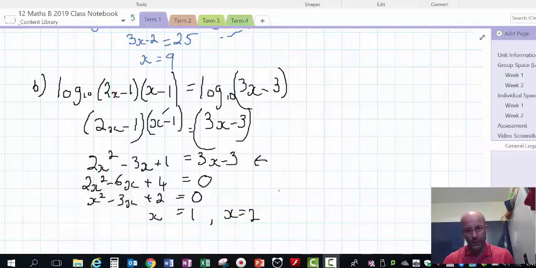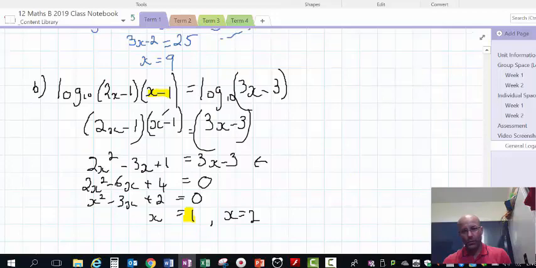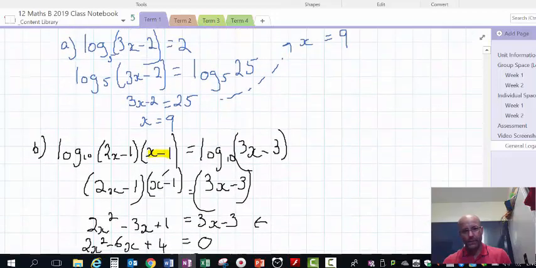Now, this is where you need to be thinking. Look at the logarithm we've been given and look at the first of the two answers, when x equals 1.